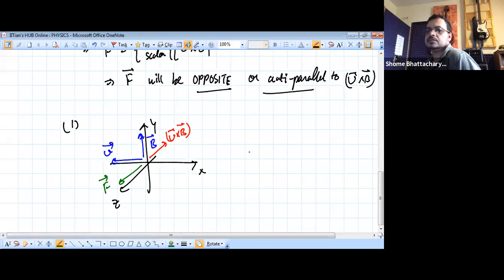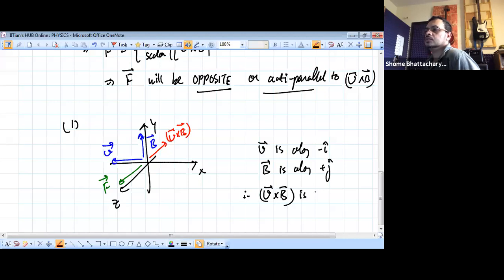Or you can understand it this way. v is along minus i cap. B is along plus j cap. Therefore, v cross B is along minus of i cross j. So that becomes minus k cap.